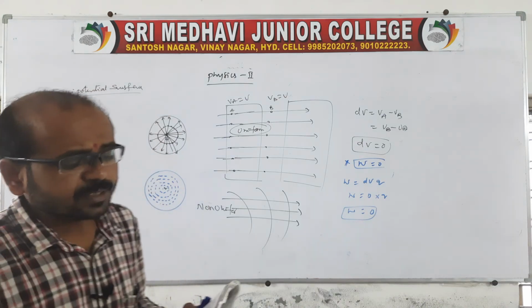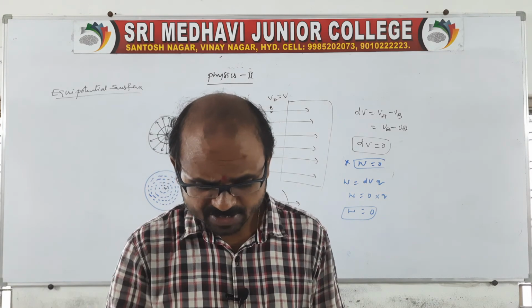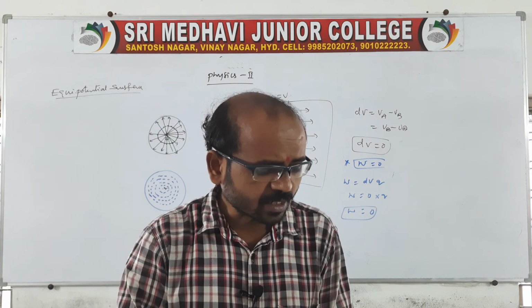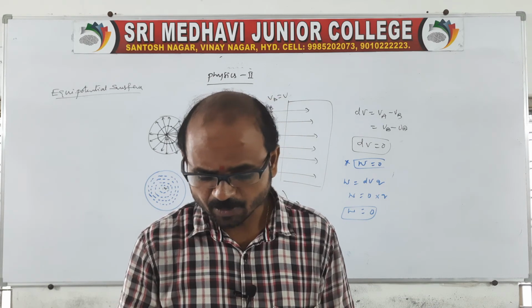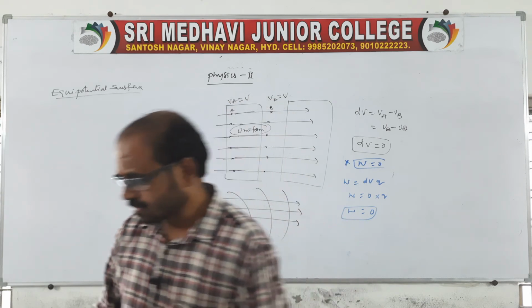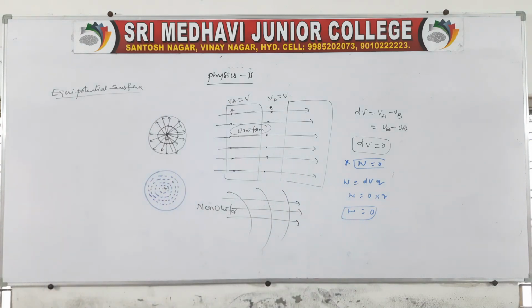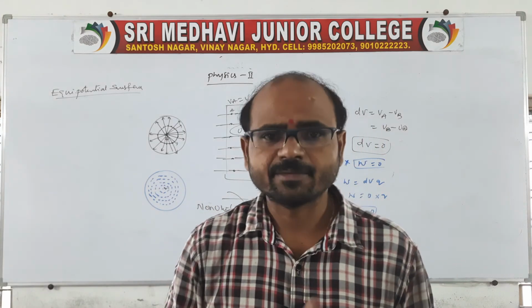Here, the next topic, on the basis of this, is dielectric constants. I think we know about dielectric constants; we finished them in the last chapter. Do you remember, what is the dielectric constant K?